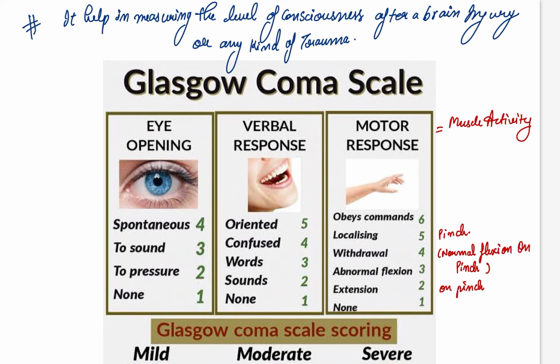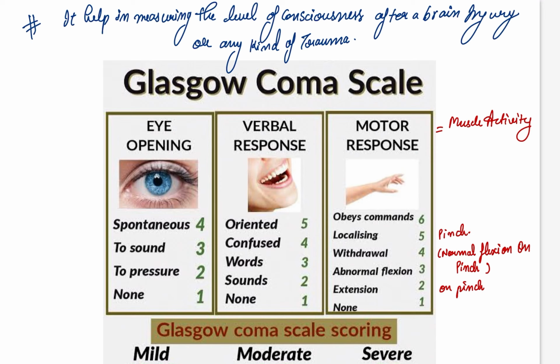If he is confused, then we will give the score of 4. Like if you ask what's the time and he says blue or something else, it means the patient is confused, right? And if the patient is saying only some words, then we will give the score of 3.